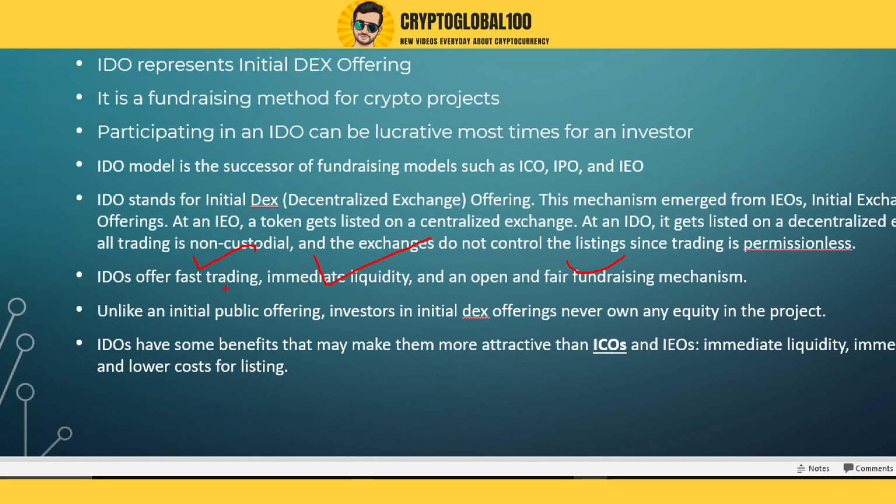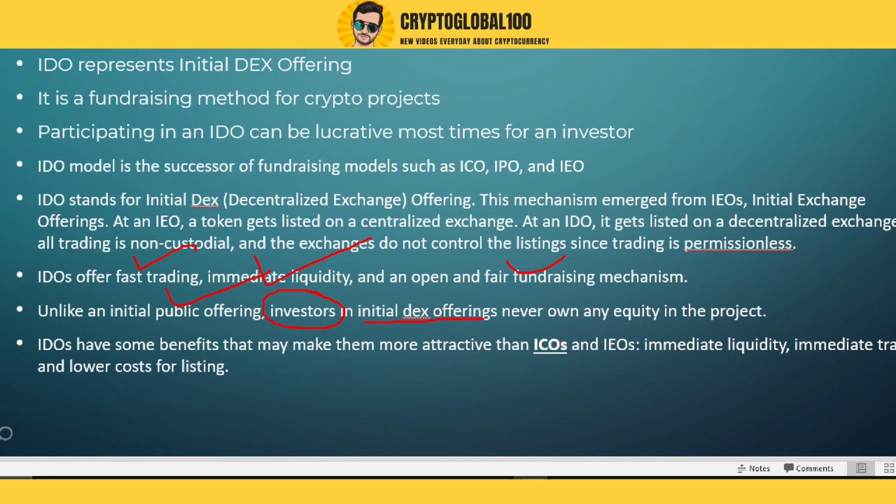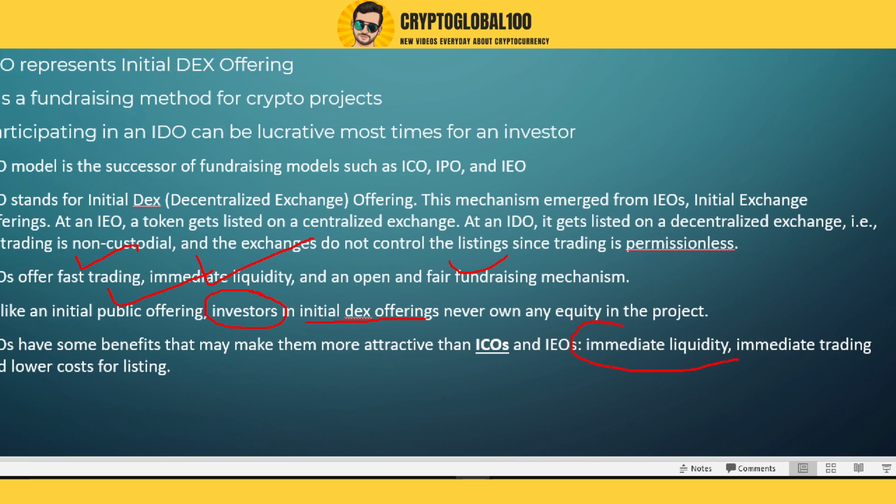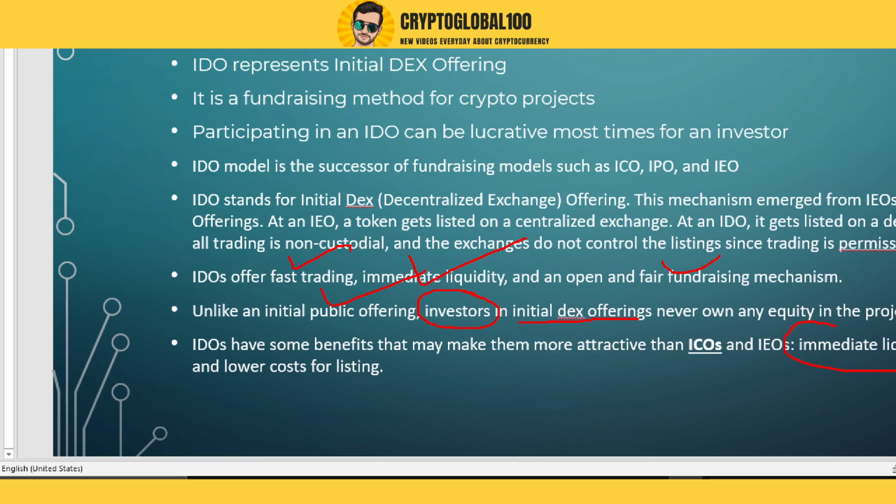Unlike in initial public offerings, investors in initial DEX offerings never own any equity in the project. IDOs have some benefits that make them more attractive than ICOs and IEOs: liquidity, immediate trading, and lower costs.